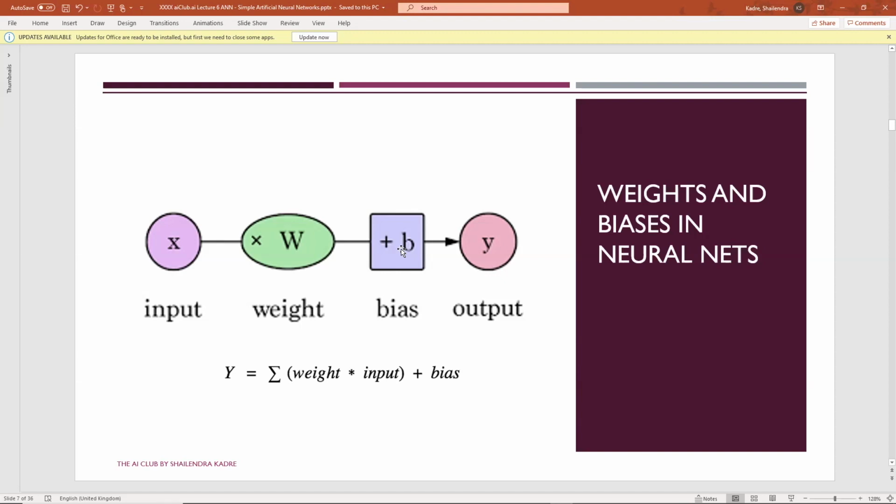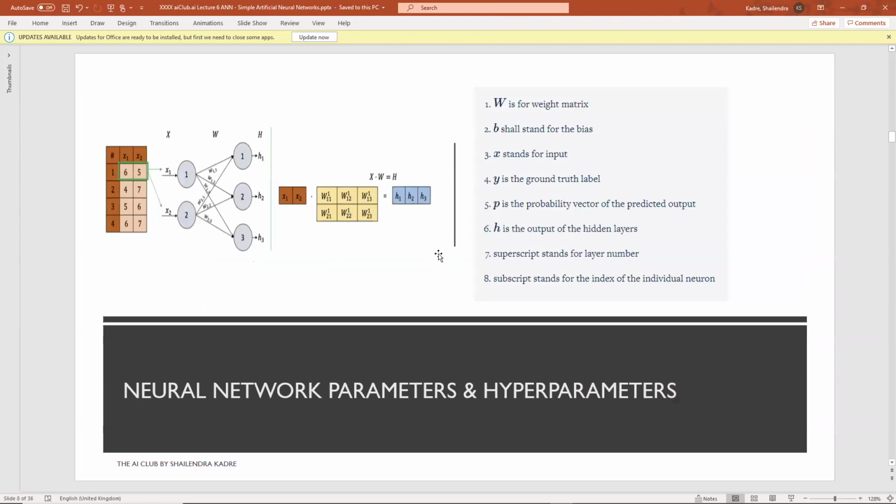Whatever historical data we provide, the model gets trained with it. Model is getting trained means we determine appropriate values of weights and biases. So weights and biases are nothing but the parameters of our machine learning model.